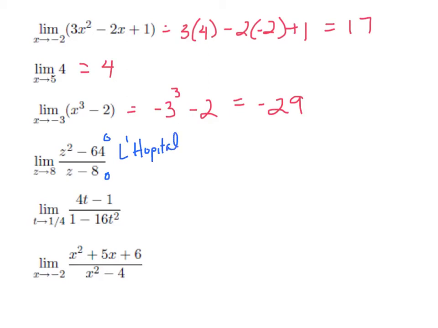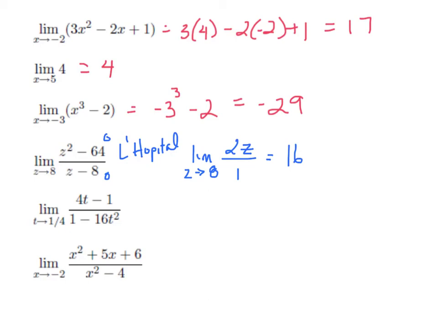L'Hopital's rule says that we can take the derivative of the top and bottom and try and take the limit again. So the derivative of z squared minus 64 is 2z. The derivative of z minus 8 is just z. No, I'm sorry, it's just 1. So we try and plug in 8 again. 2 times 8 is 16.